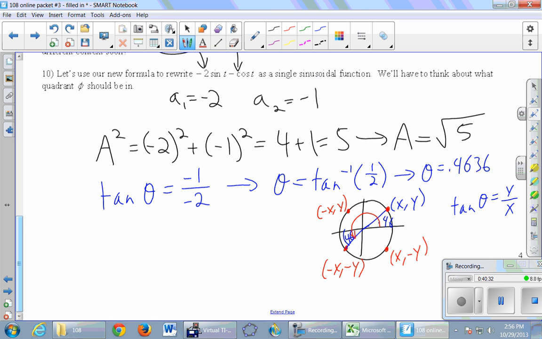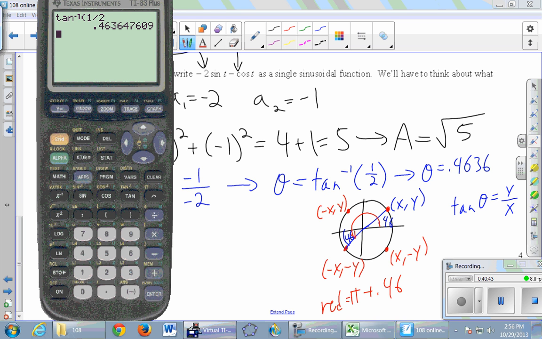And so pi plus 0.46 is the actual angle that we want, so about 3.6. Okay, so that's our winner.